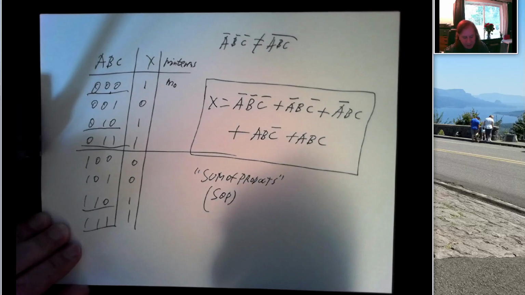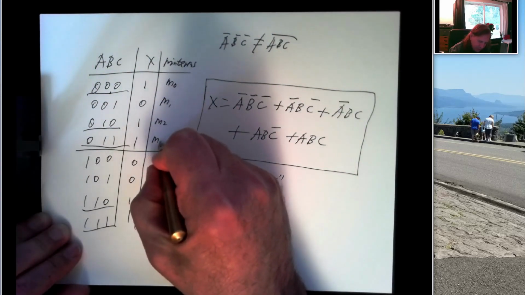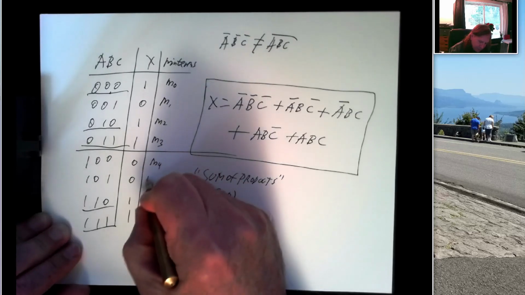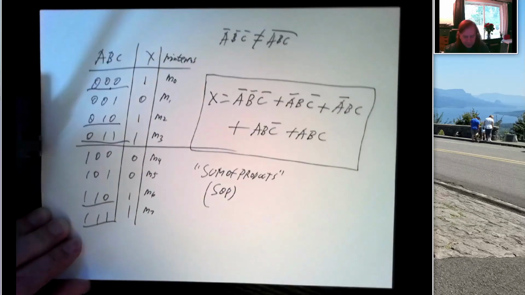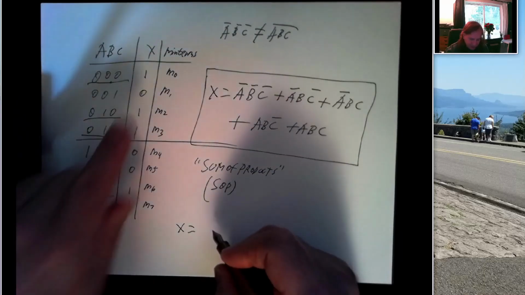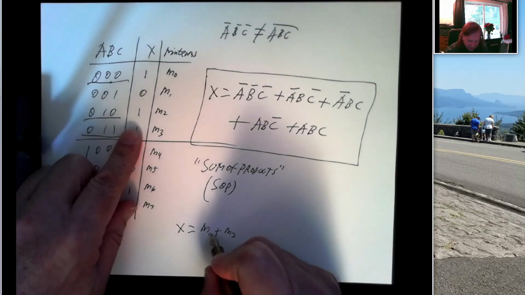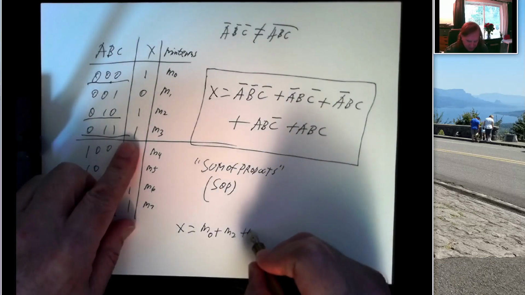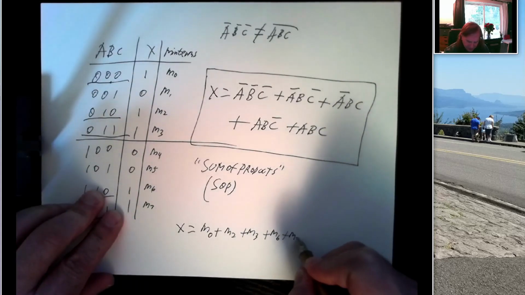And we call that minterm 0. Here's minterm 1, minterm 2, and so on. And now we could say x equals minterm 1 plus minterm 0 plus minterm 2 plus minterm 3 plus 6 plus 7.